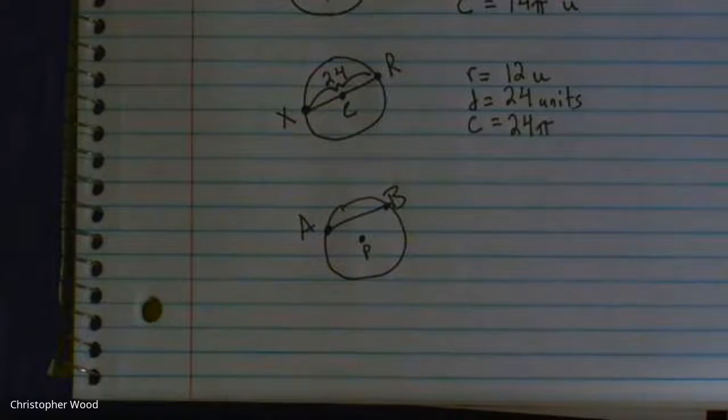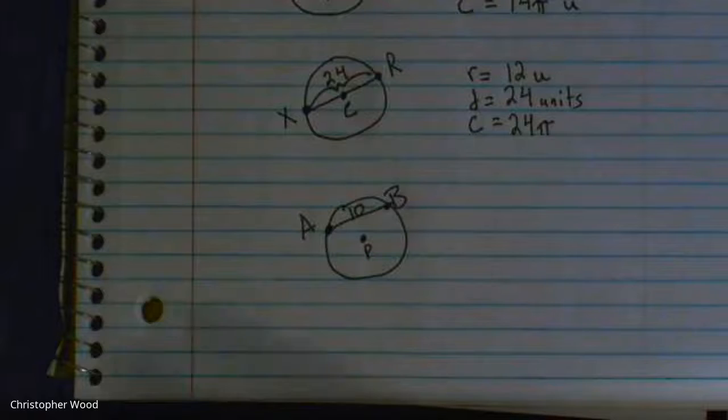So at this point, even if I knew how long this was, let's say it was 10, if I knew how long the chord was, I still don't know what the diameter is, what the circumference is, what the radius is. I'd have to do a lot more in-depth math that we're not getting to just yet. So the chord does not have any special relationship. There's nothing I can answer from here.